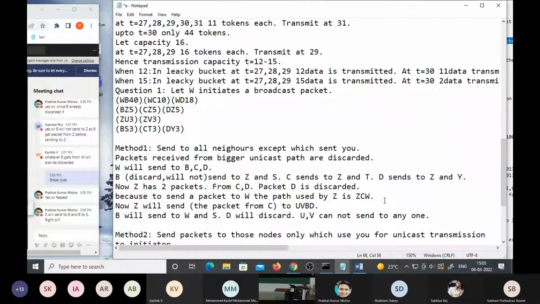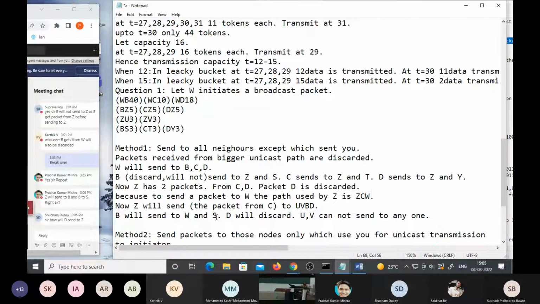Okay. Z will send to B. Now Z will send the packet to B and D. B will send to W and S. Prabhat, B will send to W and S. B will send to W also.